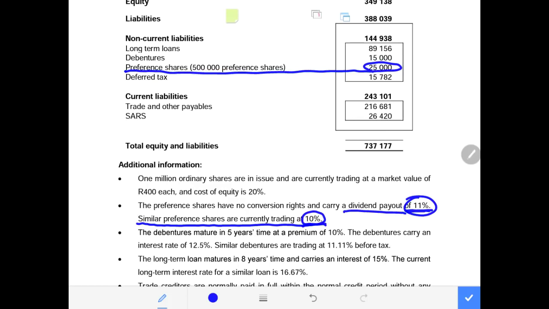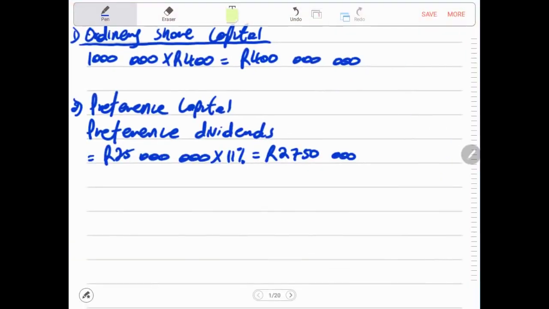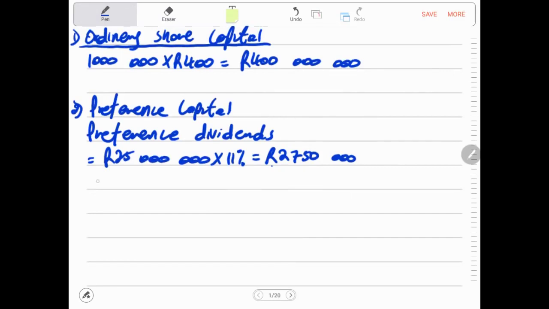But now if we have our dividends, which we have calculated as 2,750,000, how much then will be the new preference capital according to the market? So that's what we will be doing now. So now we are calculating market preference capital, or the capital according to the market.